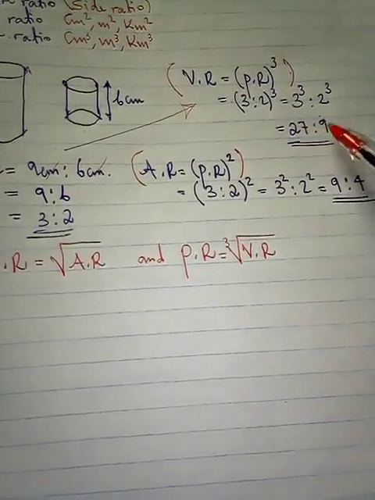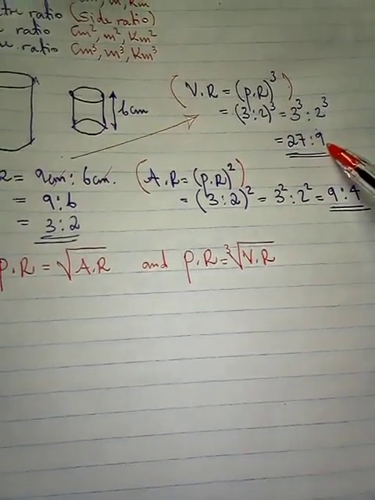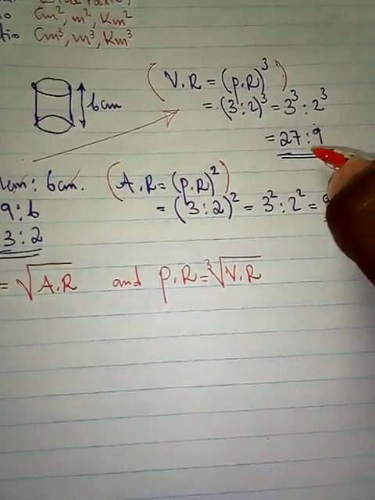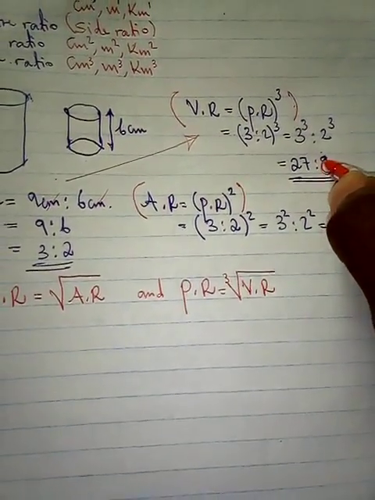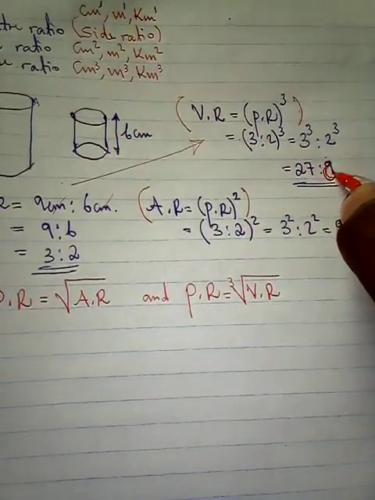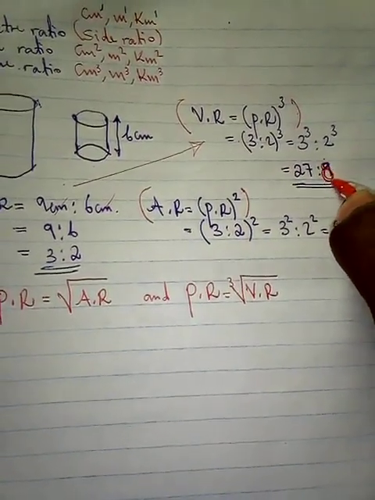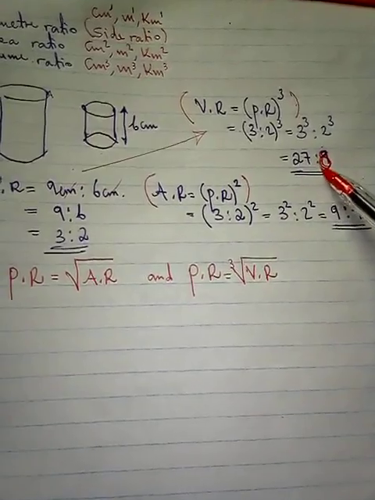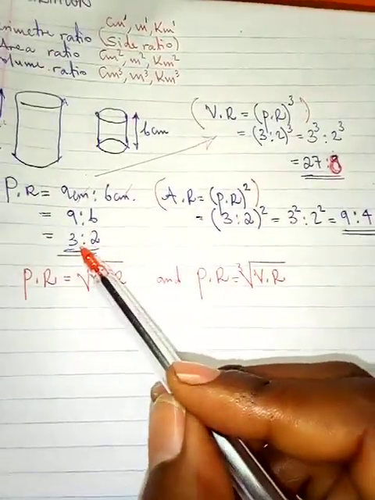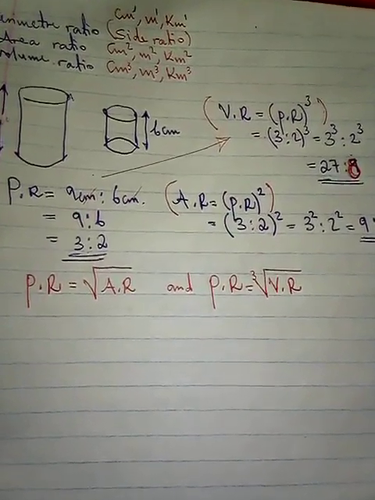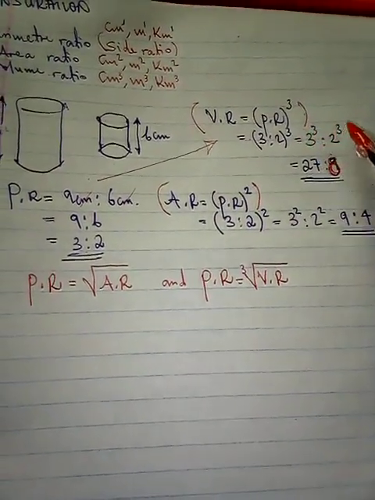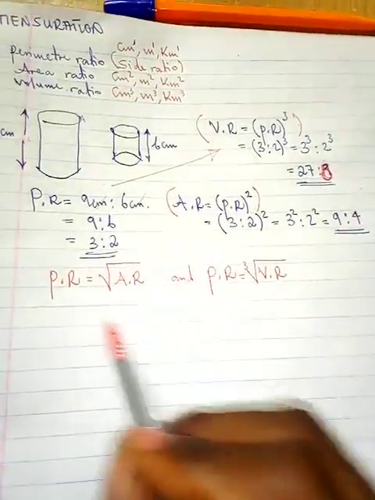The cube root of 8, let me just write this better. This should be 8. 2 to the power 3 is 8. The cube root of 8 is certainly 2, because 2 times 2 times 2, the answer is going to be 8. So this is also something that you need to know.